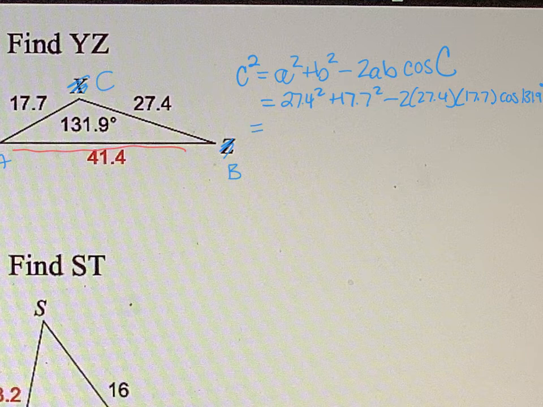So then that is 750.76. And then 2 times.